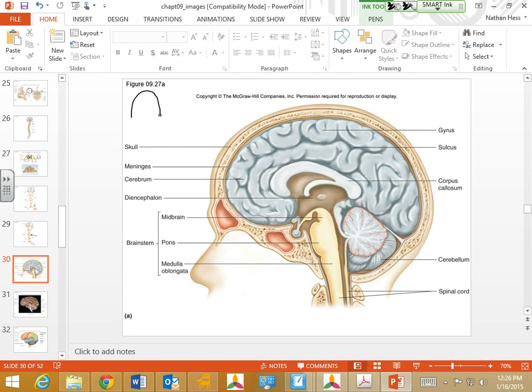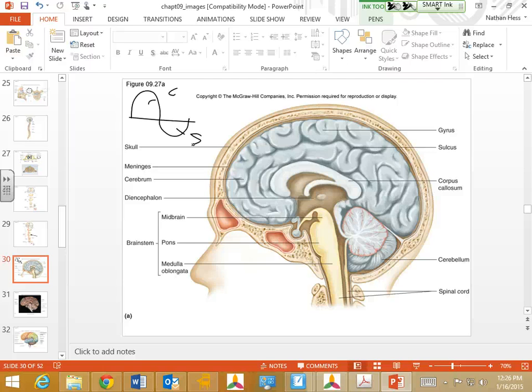Gyrus is the mountain, sulcus is the valley. Right? So this is the G, that's the S. Brainstem has those three pieces, right? Midbrain being the most superior, pons, medulla oblongata. Brainstem becomes the spinal cord as it exits out that foramen magnum.